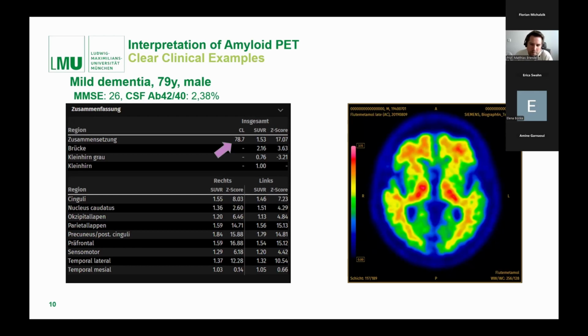I think these are the cases where inexperienced readers sometimes have difficulties. And you can see that even in those cases, you sometimes get clear centiloid values that show the case is very clearly amyloid positive, although the visual read can be difficult for an inexperienced reader.